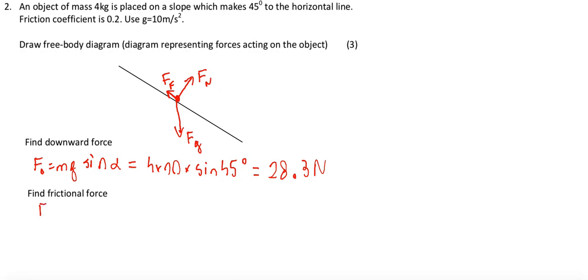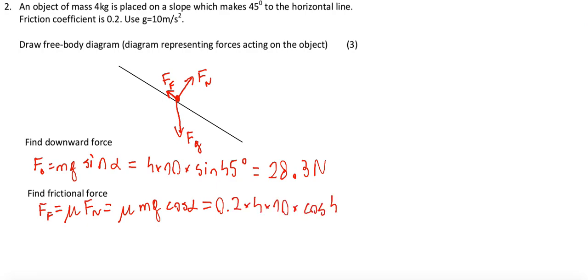So force of friction is coefficient times normal. So finally it is mu mg cosine of the angle, which is 0.2 times 4 times 10 times cosine of 45. Use a calculator, and it is 5.7 newtons.